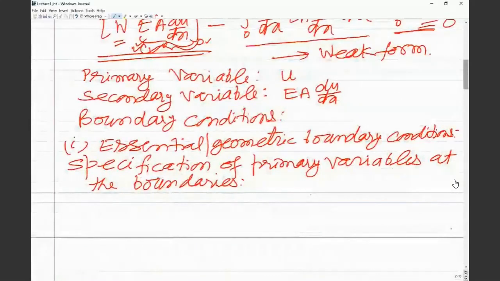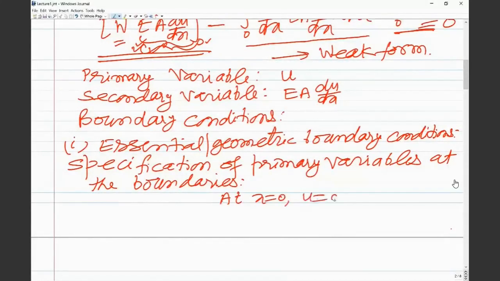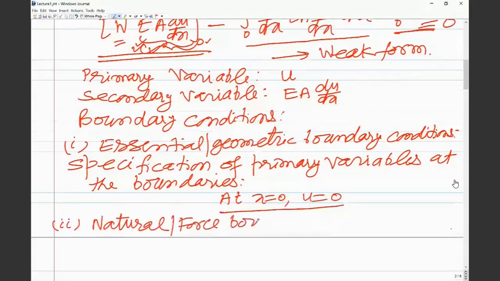So I was talking about the essential boundary conditions. These are the specifications of primary variables at the boundaries. For the given problem, at x equal to 0 we have u equal to 0. u is a primary variable, so this is nothing but an essential or geometric boundary condition. The other type of boundary condition is the natural or force boundary condition.